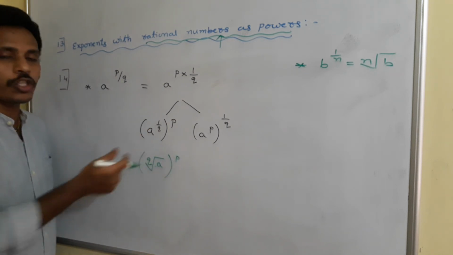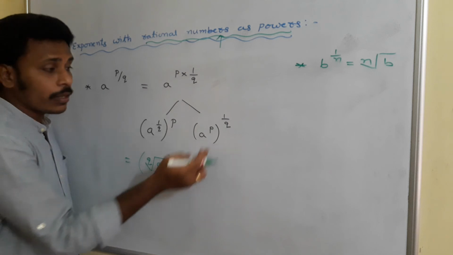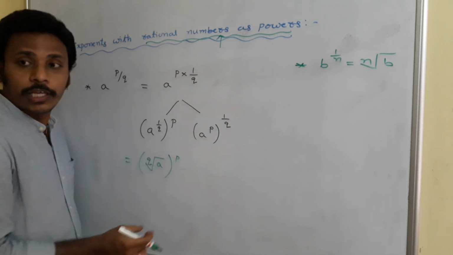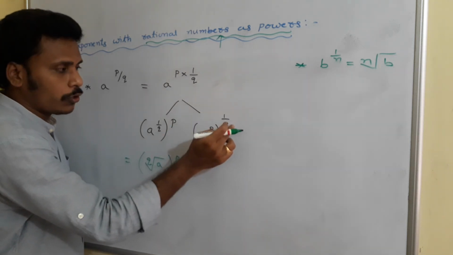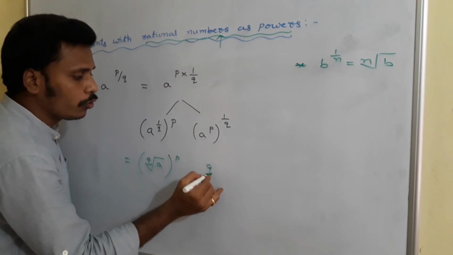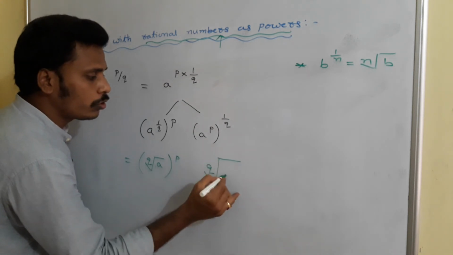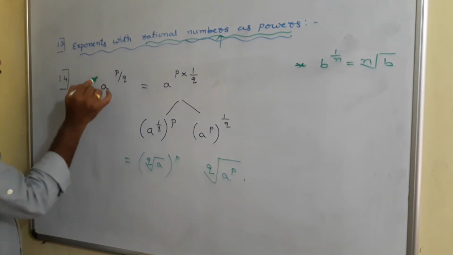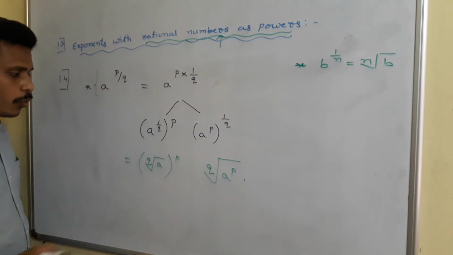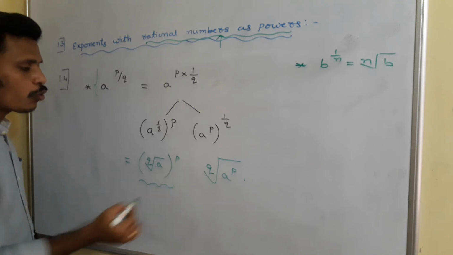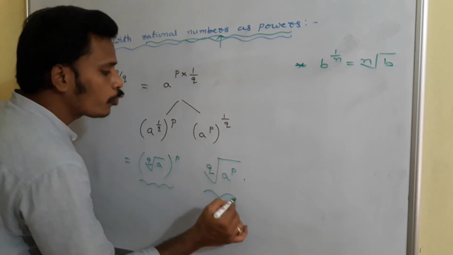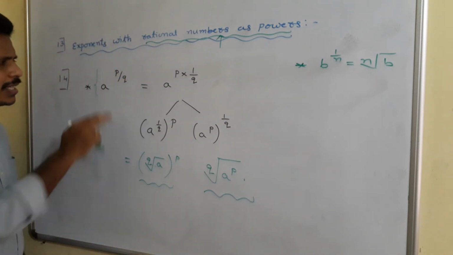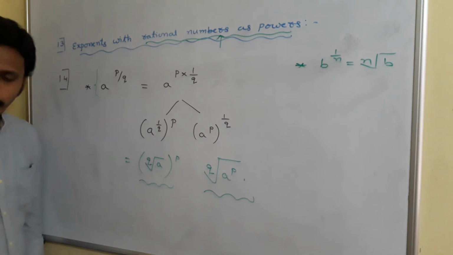And here a power p to the power 1 by q, something to the power 1 by q, so this 1 by q will give you qth root of a power p. And finally, this a power p by q is equal to qth root of a to the power p. Okay, this is just a simple conversion, right?